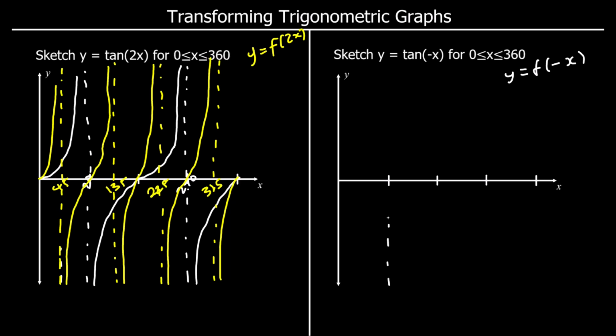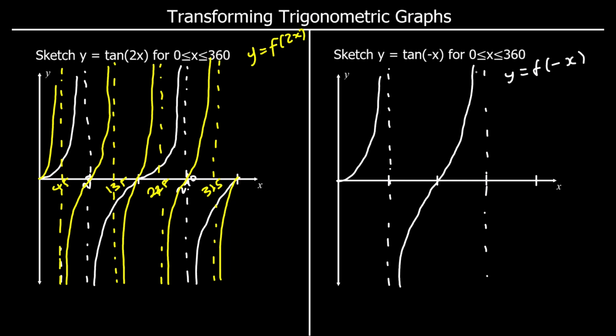So let's have a quick look at the original. The original was this. This is the y equals tan x graph. So all the positive x's are going to become negative, and the negative x's are going to become positive. So what happens?